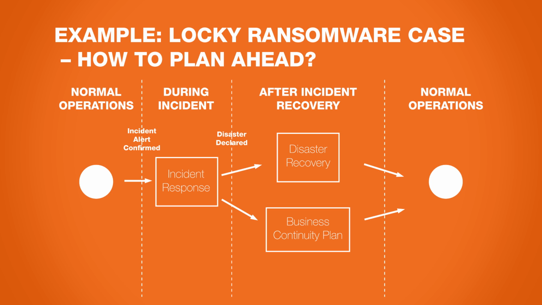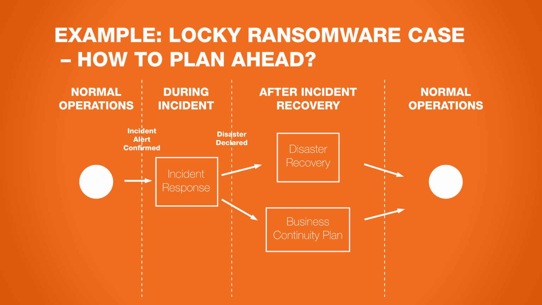Comprehensive incident response, disaster recovery, and business continuity plans with a strong focus on cybersecurity can ensure you have the resources required to survive a ransomware attack. Let's use the previous Lockheed ransom case as an example to illustrate these concepts.